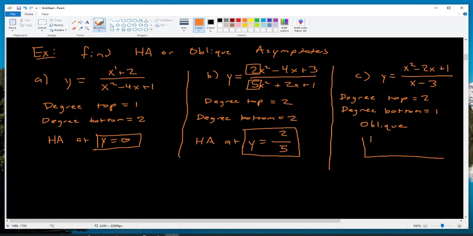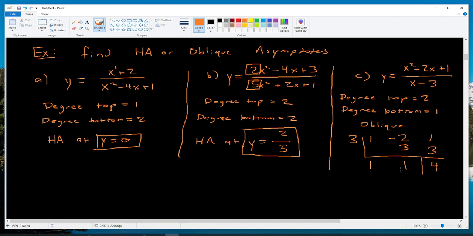So 1 is x squared's number, negative 2 is x's number, 1 is the constant term. We're trying to divide by x minus 3, so we put a positive 3 out to the side. We bring down 1. 3 times 1 is 3. Negative 2 plus 3 is 1. 3 times 1 is 3. 1 plus 3 is 4. This is the remainder.